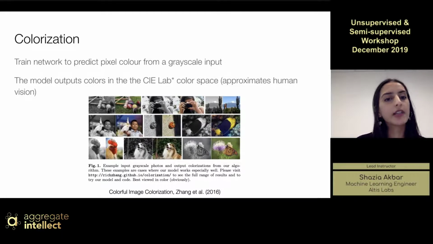In colorization, we actually define the color space not in RGB, but in the LAB color space. It just works a lot better, and it approximates human vision as well. So it reflects the way we interpret our world, again using our human components to build deep learning frameworks, which is really interesting.